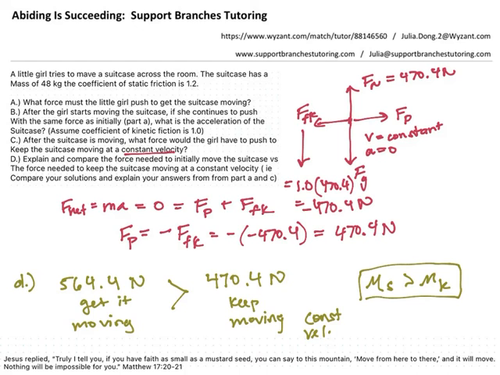It's because the coefficient of static friction is greater than the coefficient of kinetic friction. And it has to do with the laws of inertia, the fact that an object in motion likes to stay in motion, and an object at rest likes to stay at rest. So that's the reason that we see that trend.